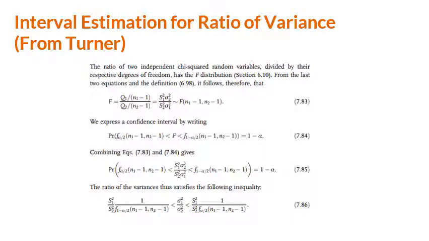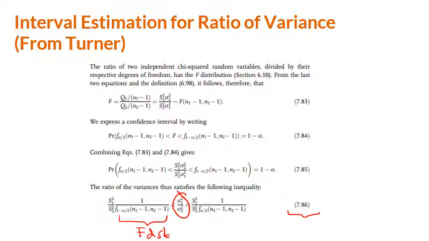Okay, just looking at Turner, there's also an interval of estimation for the ratio of variances. This is given by equation 7.86 in Turner. Class, I will not discuss it in detail, I will just show it. In this case, it follows the F distribution.